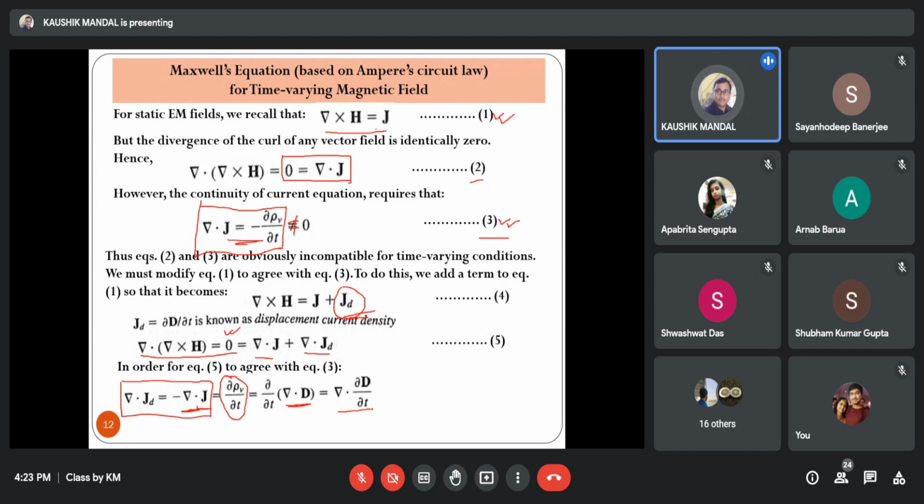And when we apply the divergence on both sides of these equations, we have seen that divergence of JD equals minus of divergence of J. Now minus of divergence of J means, from the current continuity equation, it becomes del rho v del t. So this del rho v del t is nothing but this divergence of del D del t. So finally, JD is basically equal to del D del t, the differential change in the electric flux density D.